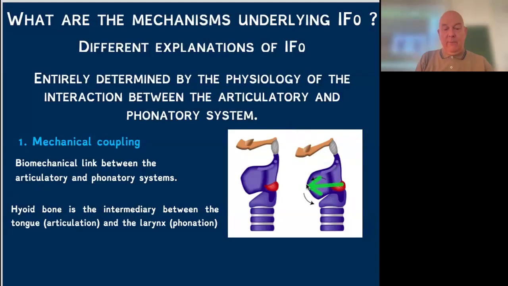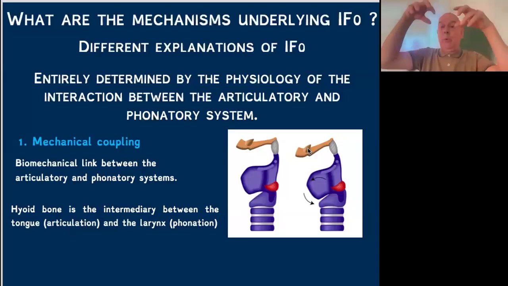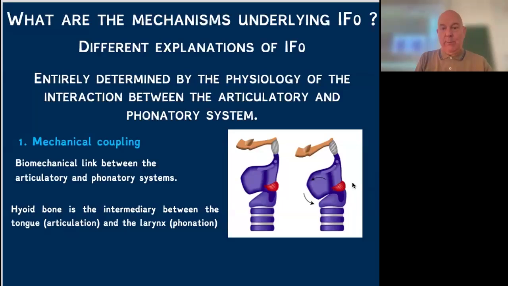And what happens if the tongue moves up to produce a high vowel, E for example, is that these muscles pull on the hyoid bone, lift the hyoid bone a bit, and that may tilt forward the thyroid cartilages so that the vocal folds stretch a bit, and that leads to a higher fundamental frequency as a result of faster vibration of the vocal folds.